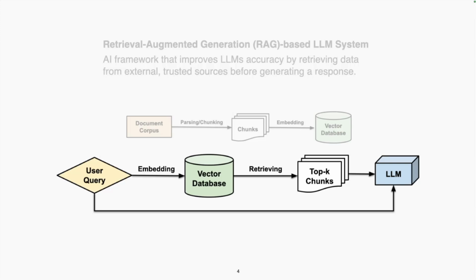Then the retrieved top K chunks, combined with the original user query, are fed into the large language model so that we enrich the context of the prompt, and we hope the LLM can answer correctly based on the retrieved chunks. This is a very brief introduction of how a RAG system works. In many industry cases the system is much more complex, but I think they follow the same pipeline.